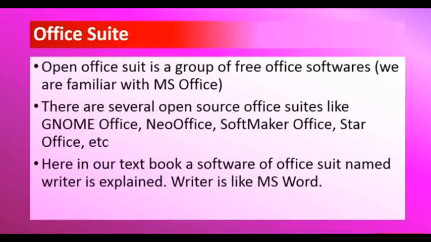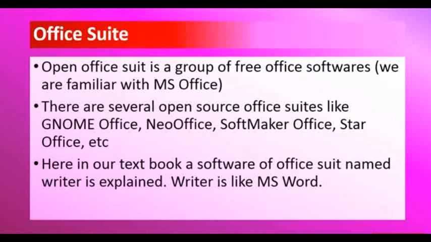Okay. Now here the 9th standard textbook is prepared using another operating system, that is Ubuntu Linux. And in Ubuntu Linux it is not possible to install Microsoft Office. So then which thing could be installed there? The thing which could be installed there is known as Office Suite.